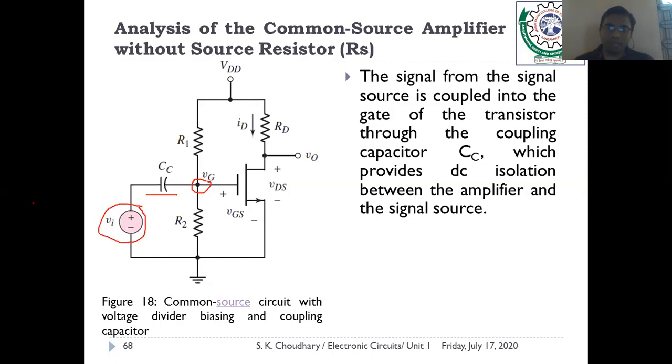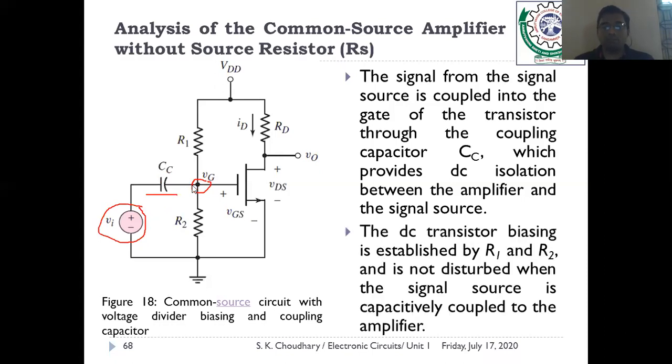So this coupling capacitor isolates, or totally discards, the DC component and only allows the AC component. So the gate terminal of the MOSFET receives only the AC signal coming from the signal generator.